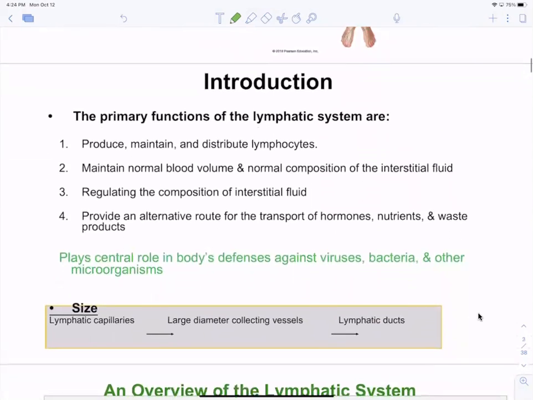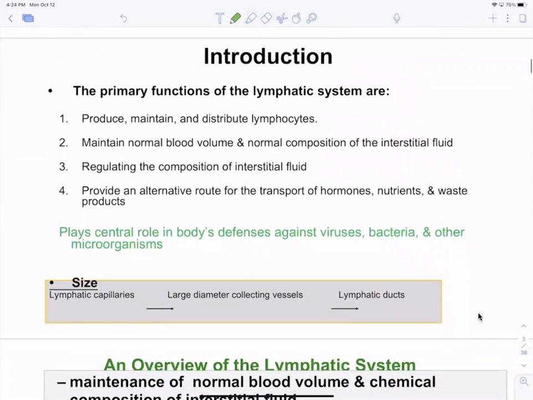So the primary function of the lymphatic system is to produce, maintain, and distribute lymphocytes, which is really half of the white blood cell immune system. It also maintains normal blood volume and composition of the interstitial fluid, right?